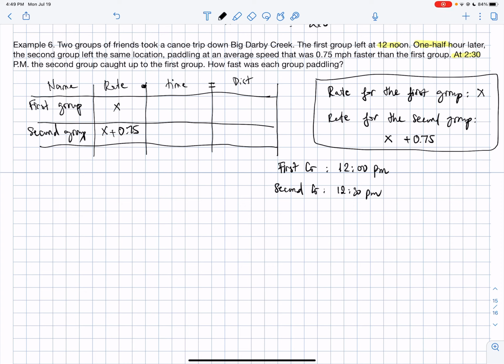They catch up with each other at 2:30. At 2:30 p.m., the second group catches up with the first group. So they travel until 2:30 and they meet each other.